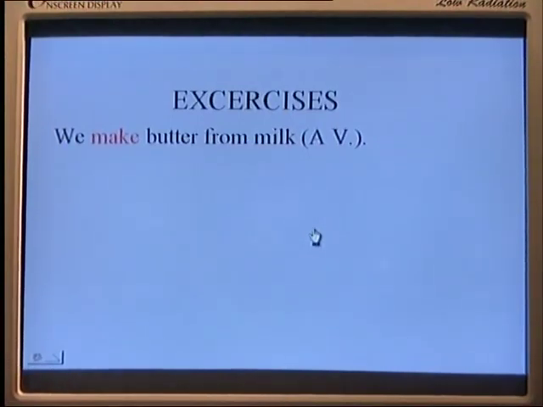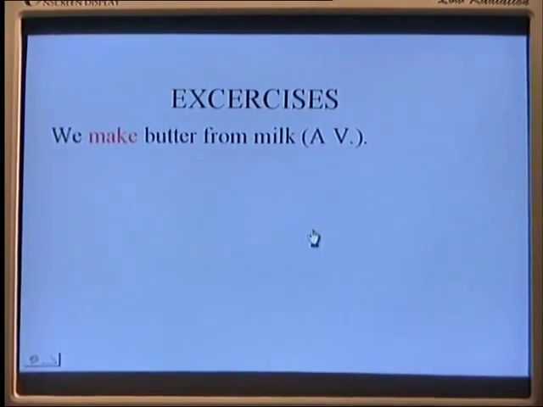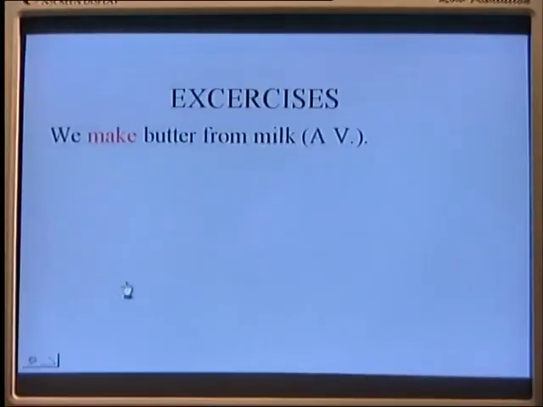Children, I hope you all have understood how to change the sentences from active voice to passive voice. Shall I give you an exercise where you should change the sentence in active voice into passive voice? Look here, we make butter from milk. This is in active voice. What is the passive form of it?